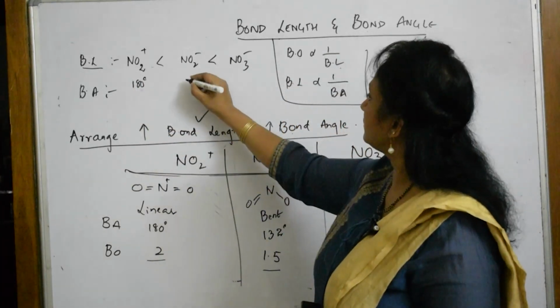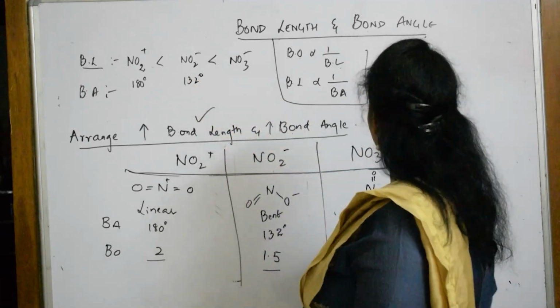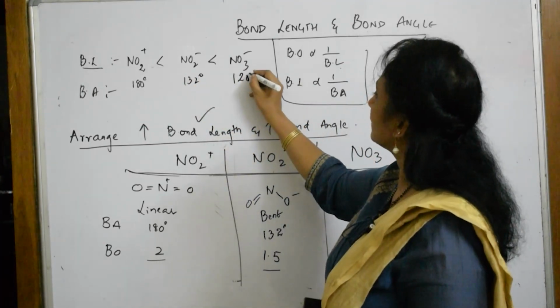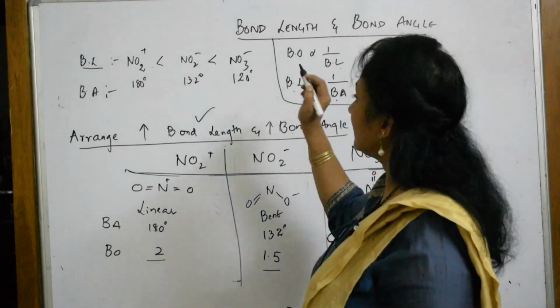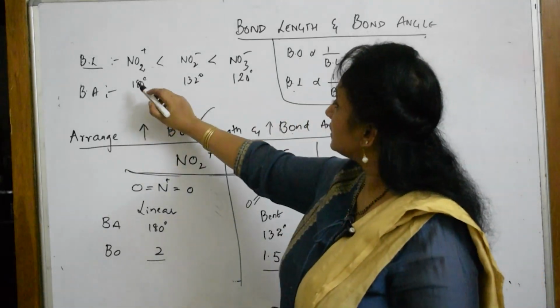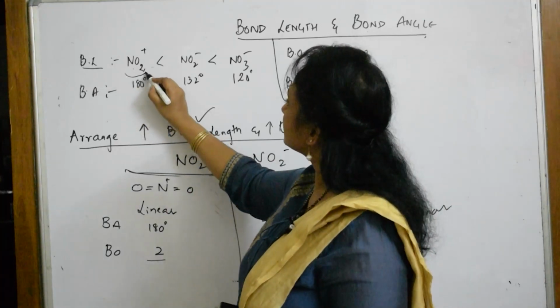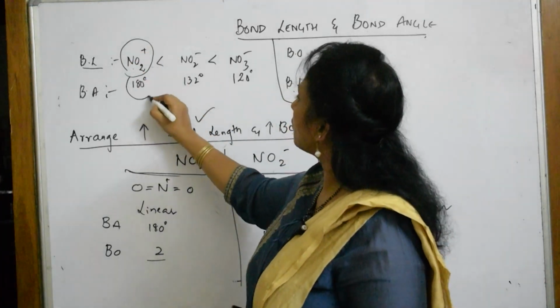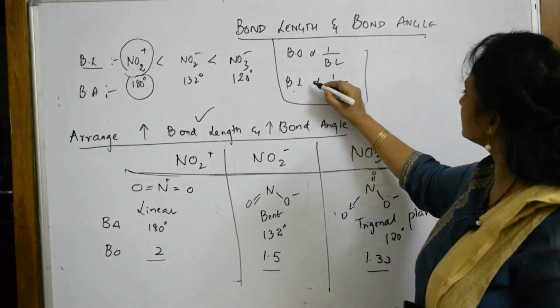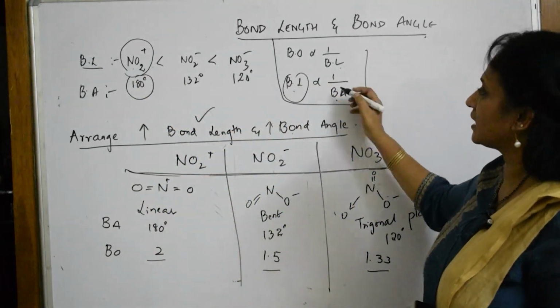Next comes 132 degree bond angle. This is 120 degree bond angle. Now you only say whether it is reverse or not. See here, angle and length are reversed in this one. The one which has lesser bond length has more bond angle.